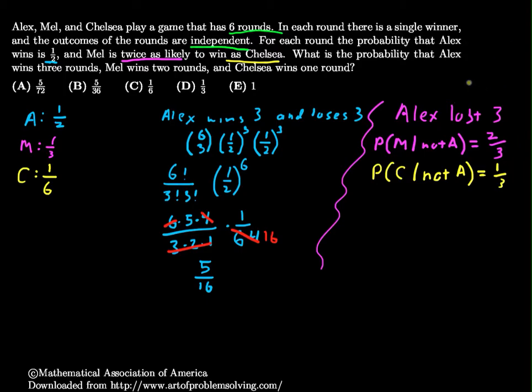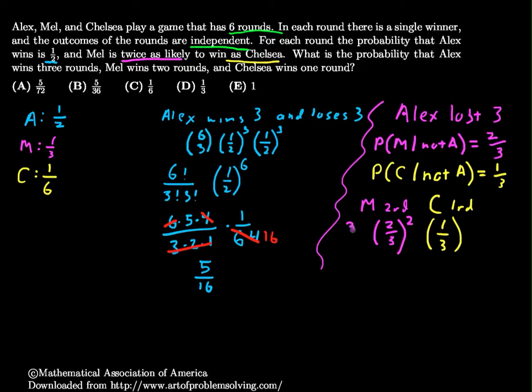And so I want Mel to win 2 rounds. That means I have 2/3 probability for Mel squared because he has to win 2 of them. I want Chelsea to win 1 round, which means I have 1/3 to the first power. We have a few ways to deal with this, but let's just deal with Mel winning.